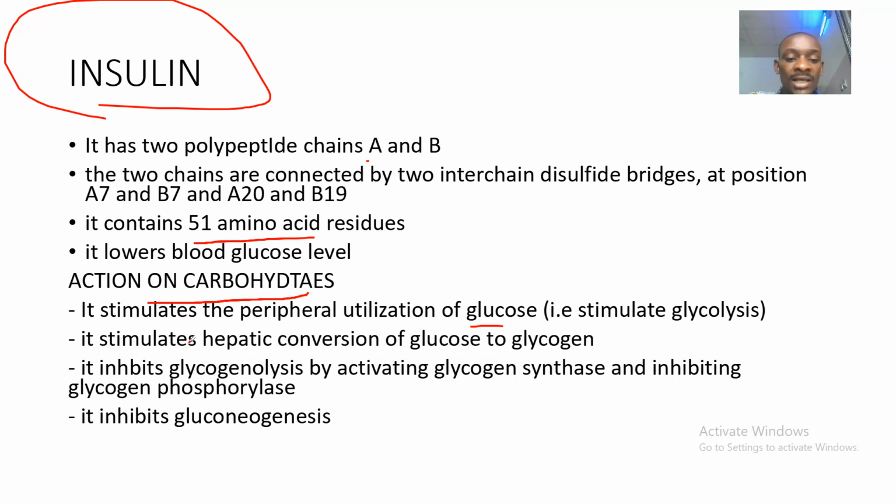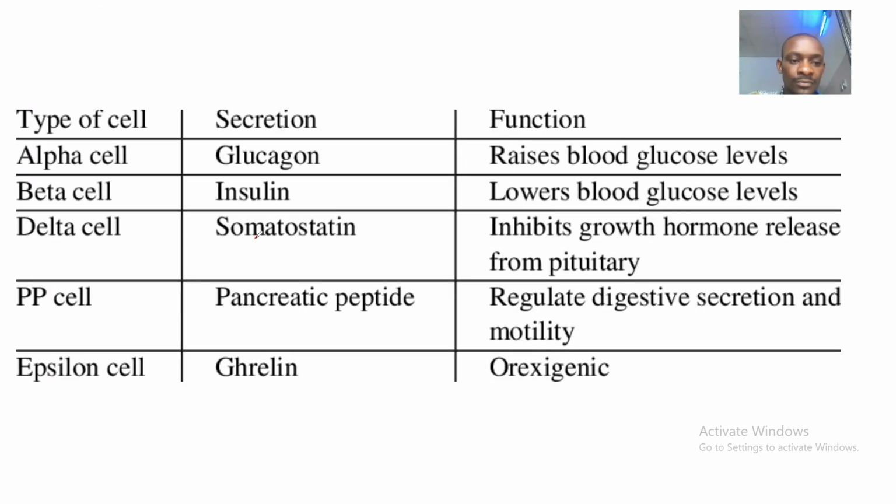It stimulates hepatic conversion of glucose to glycogen, storage of glucose. It inhibits glycogenolysis by activating glycogen synthase and inhibiting glycogen phosphorylase. We spoke about this in glucagon, the opposite way, so marry the two concepts together. It inhibits gluconeogenesis.